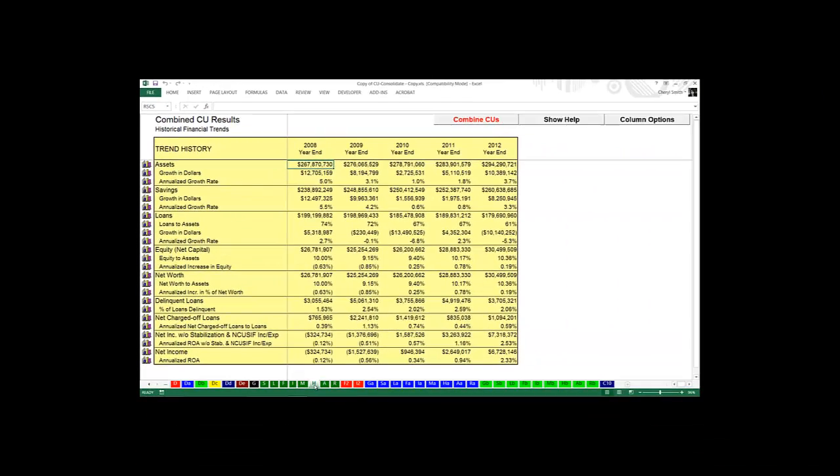In this chart, you can review past savings growth, loan position, total equity position, net worth position, delinquent loans, net charge-offs, net income with the NCU-SIF stabilization expense, net income, and ROA. The information on the H sheet will help you to make educated decisions about growth.